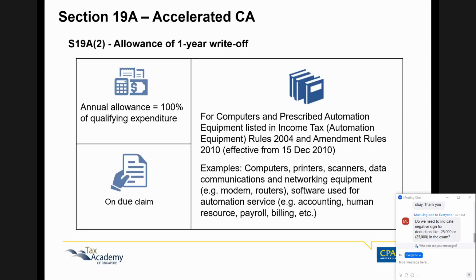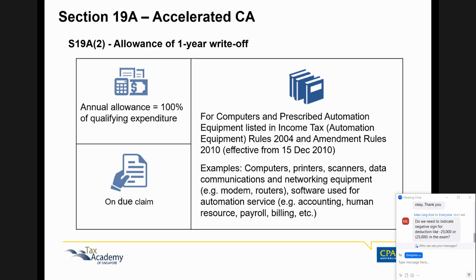Okay, then we have another one that's even faster, the 1 year write-off. Under section 19A(2), we allow a 100% write-off, 100% allowance of the qualifying expenditure. It's also upon due claim. Okay, but this is very specific. It's only for computers and prescribed automation equipment.